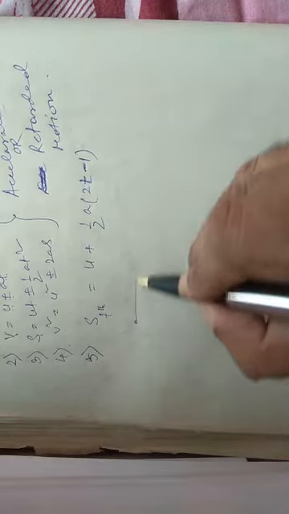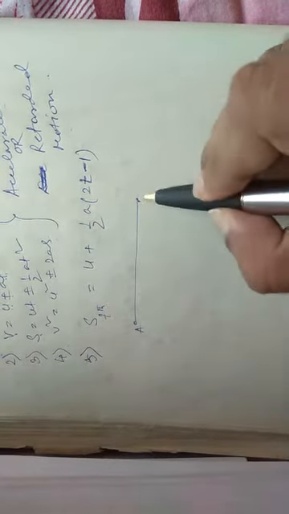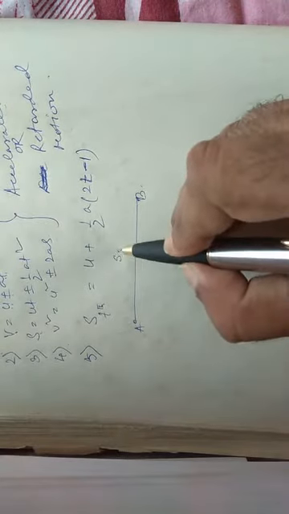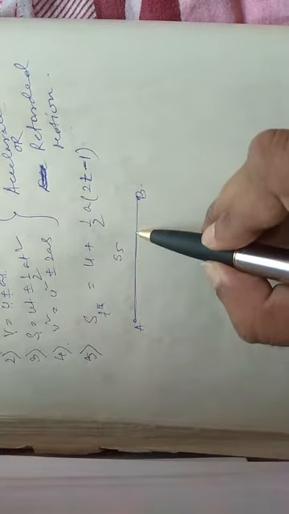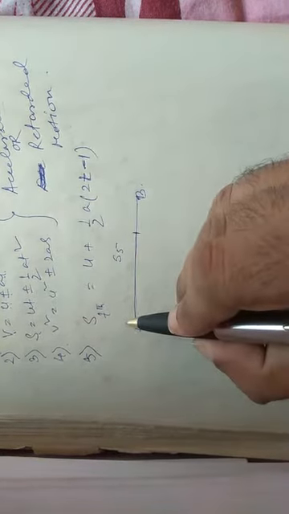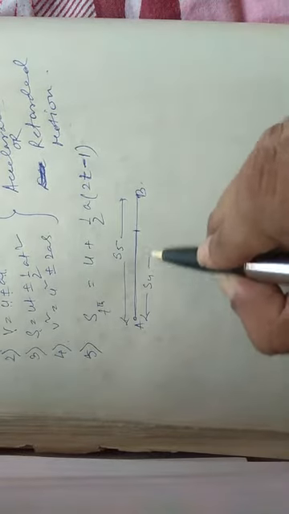This means if a body covers a distance in 5 seconds from A to B, let us take it to be S5, and the distance covered by the body in 4 seconds is S4.